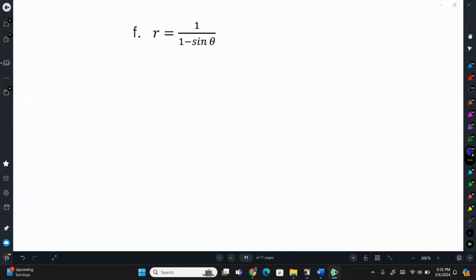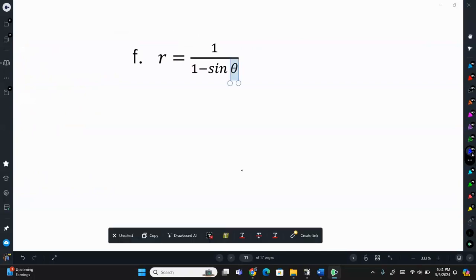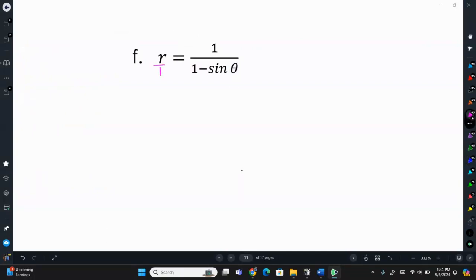All right, now our last one, r equals 1 over 1 minus sine theta. So we're going to cross multiply this one again. So we get r times 1 minus sine theta is equal to 1.